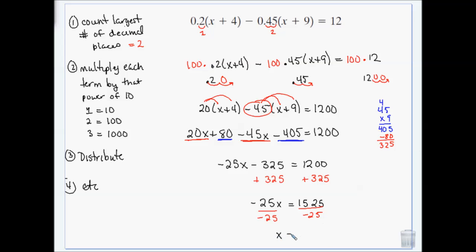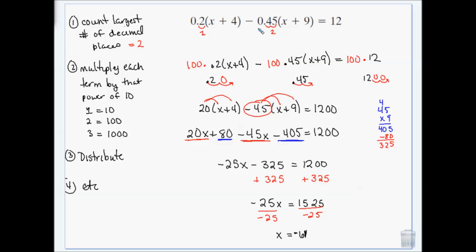And I will get x is equal to, let's see, 61. I was just checking to see if you guys were paying attention. Okay, so 61. Now, if you had left the, so like negative 60, yes, negative 61, thank you.